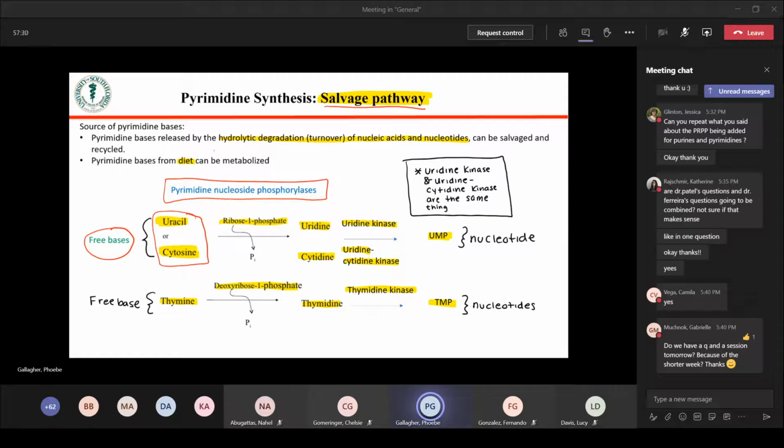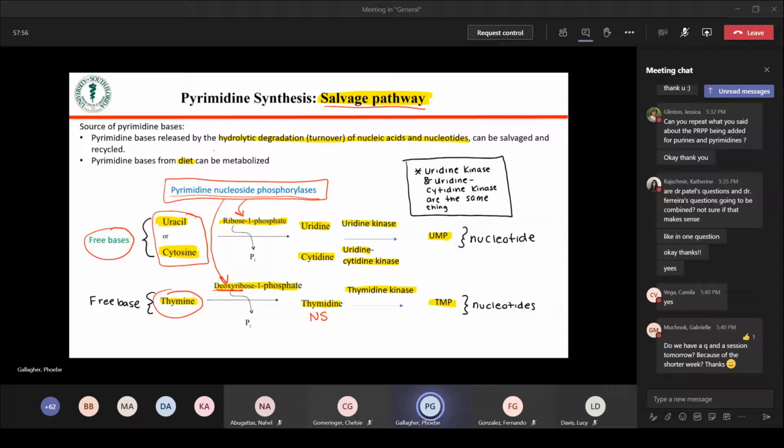So remember this because she did type it up and made it blue so you could see it. So it will act right here, and it will also act for the thymine as well. So they share the same enzymes between uracil, cytosine, and thymine for the first step. However, with thymine, because you only see that in DNA, you're going to use the deoxyribose to add on the sugar group until you get your nucleosides.